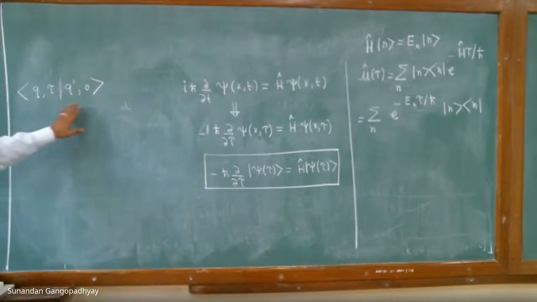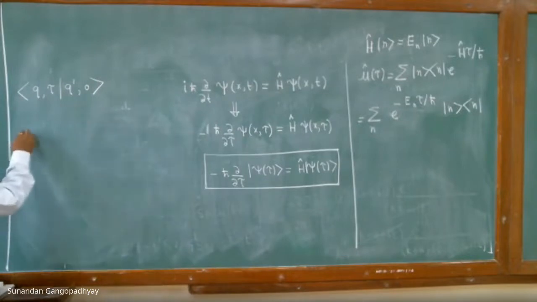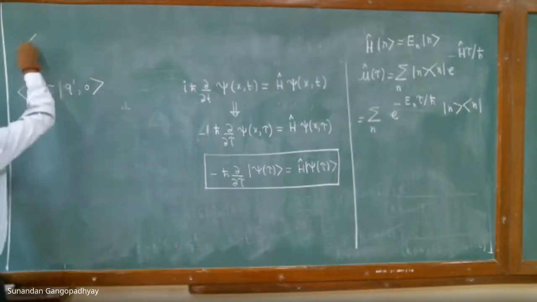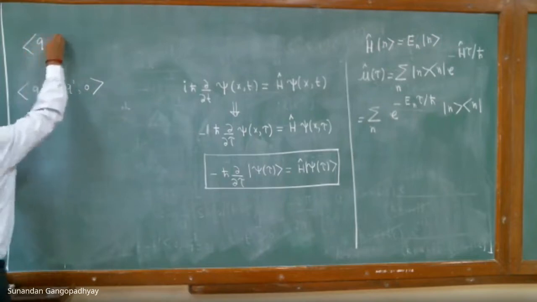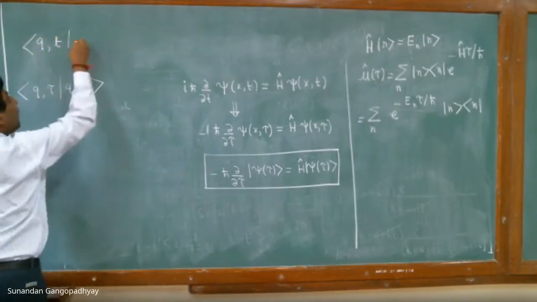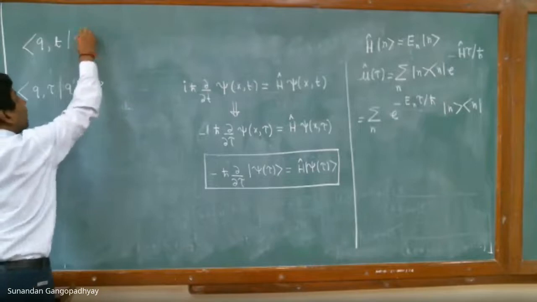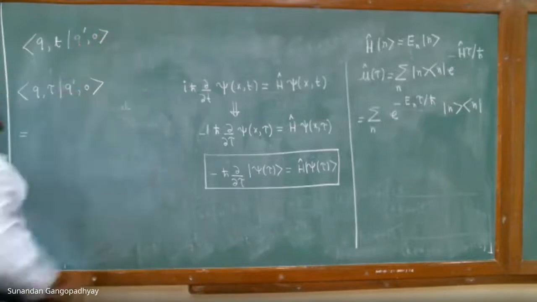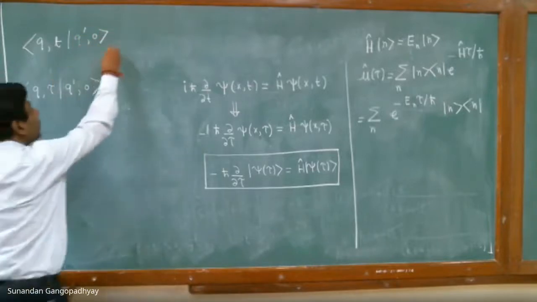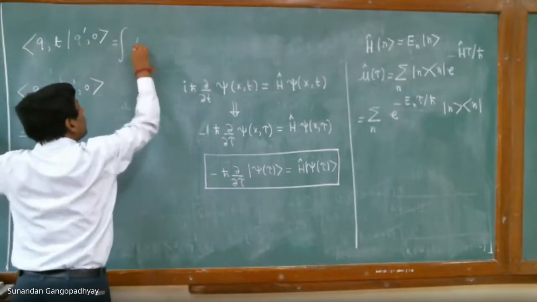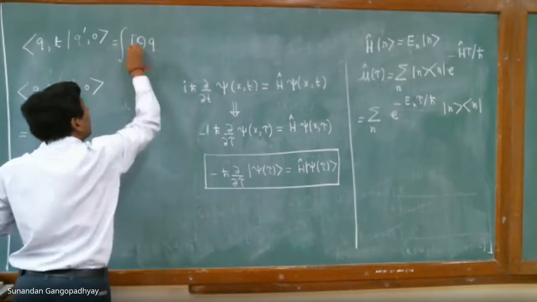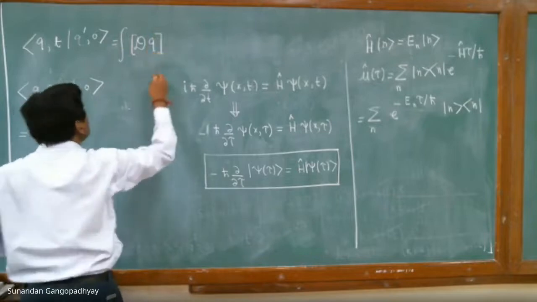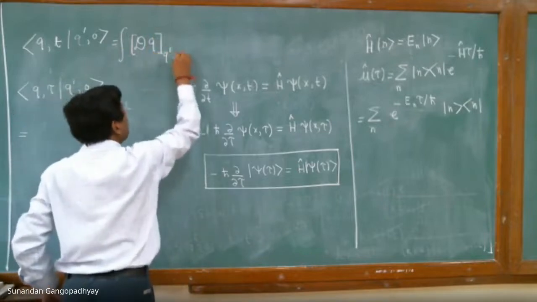So let us look at this object. What we had earlier was something like this: q T, q prime 0, and we had a formula for this. The formula for this was the path integral D of q. These are the boundary conditions.